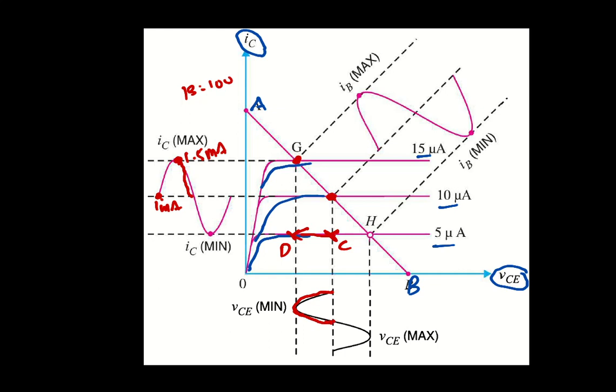And when the base current decreases from 10 microampere to 5 microampere, the collector current decreases from 1 milliampere to 0.5 milliampere. So when collector current decreases, it reaches the point H, then the collector emitter voltage corresponding to the point H is denoted by this one. Sorry, the points C and D are here. So let's say it reaches the point E.